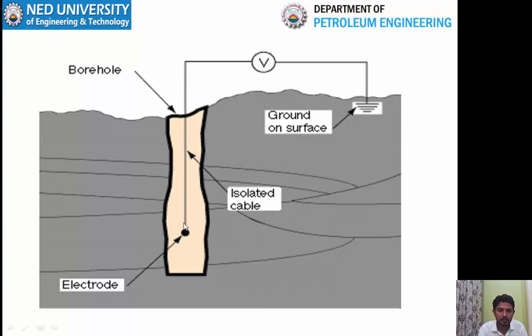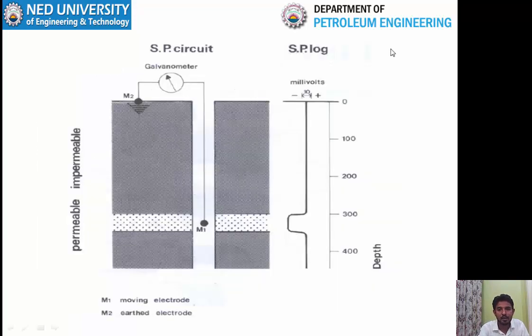The electrode in the borehole is moving, and it is measuring the natural voltage against each formation. And this natural voltage is developed in the reservoir because of the migration of ions that we will see in the coming slides.